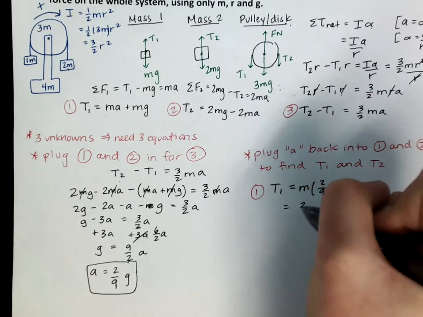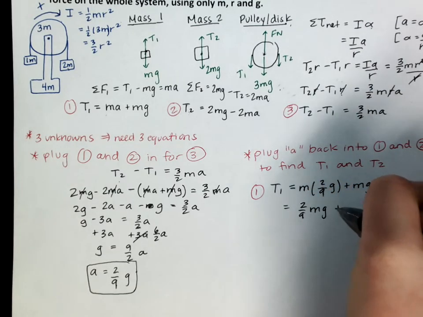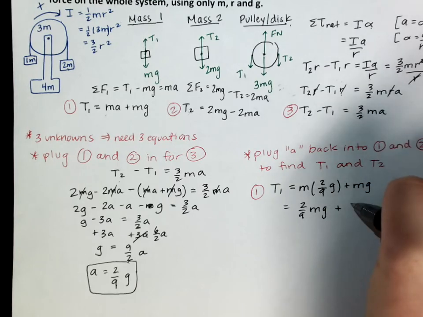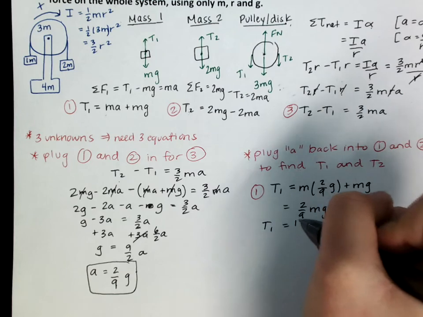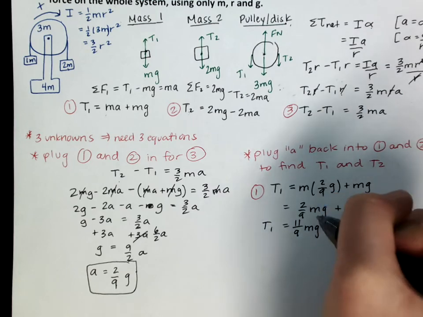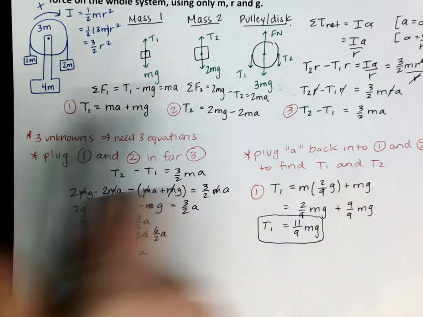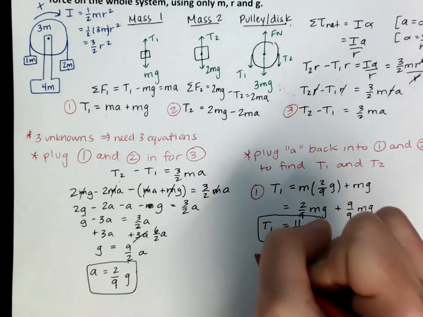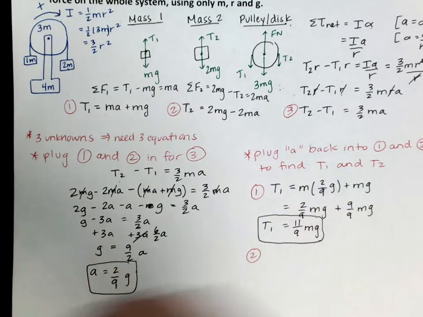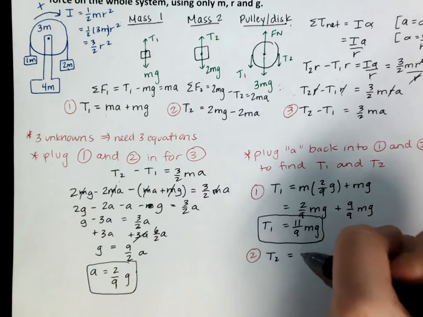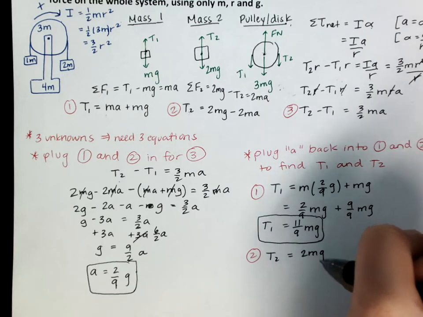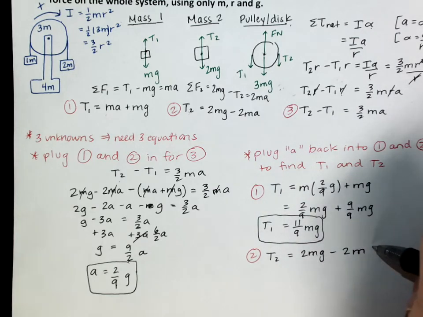Okay, so that is 2/9 mg plus, in terms of ninths, that would be 9/9 mg. So you get a total of 11/9 mg. So there's tension 1. Okay, we're going to do the same thing for T2. So we get T2 is equal to 2mg minus 2m, and then our acceleration is 2/9 g still.